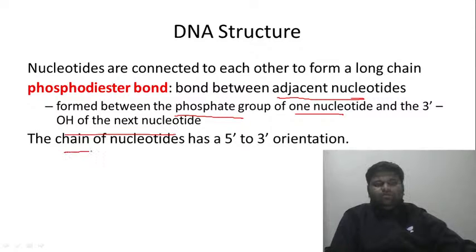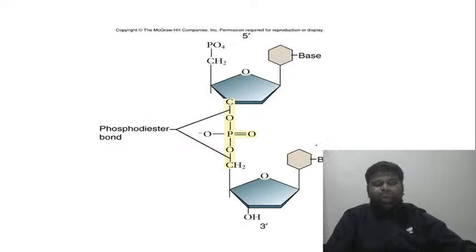So the chain of nucleotides has a 5' to 3' orientation. This is the phosphodiester bond, which is formed between the 3' and the 5' of the deoxyribose sugar.